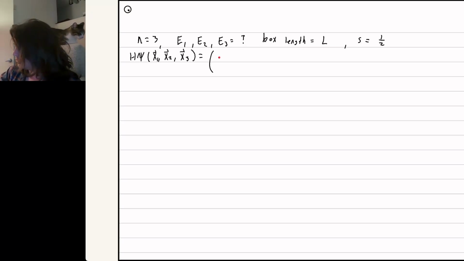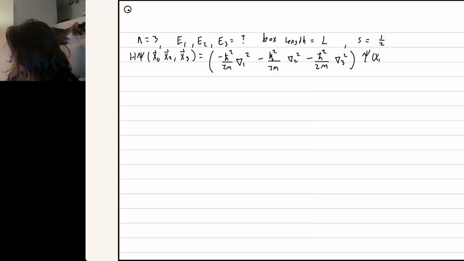These are all free particles, so the Hamiltonian is just h bar squared over 2m, splitting up the gradients for each one separately like that, all times psi of x1, x2, x3, which will be equal to the total energy E psi.